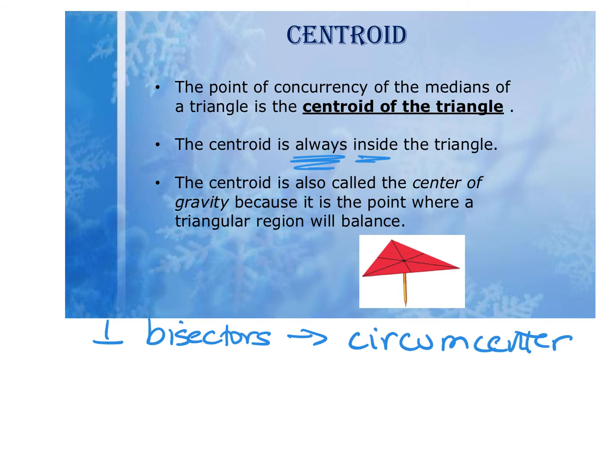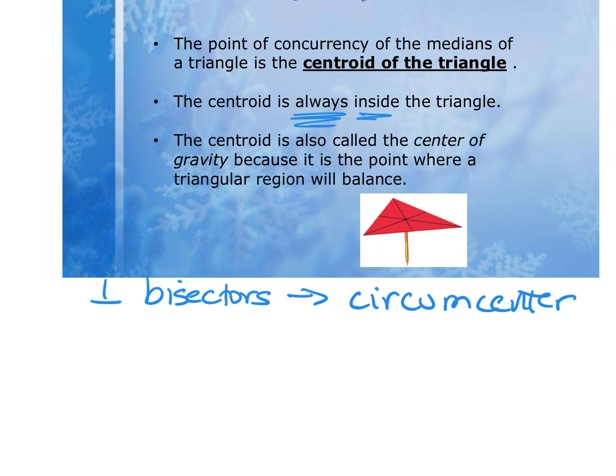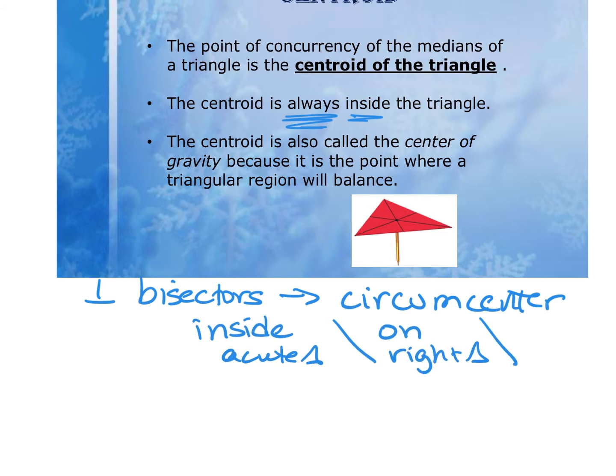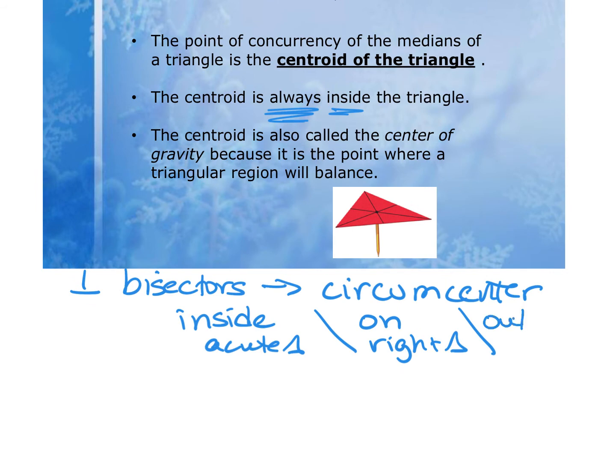Remember, the circumcenter is located inside when it's an acute triangle, on the triangle when it's a right triangle, and outside the triangle when it's obtuse. It's just a review of yesterday.